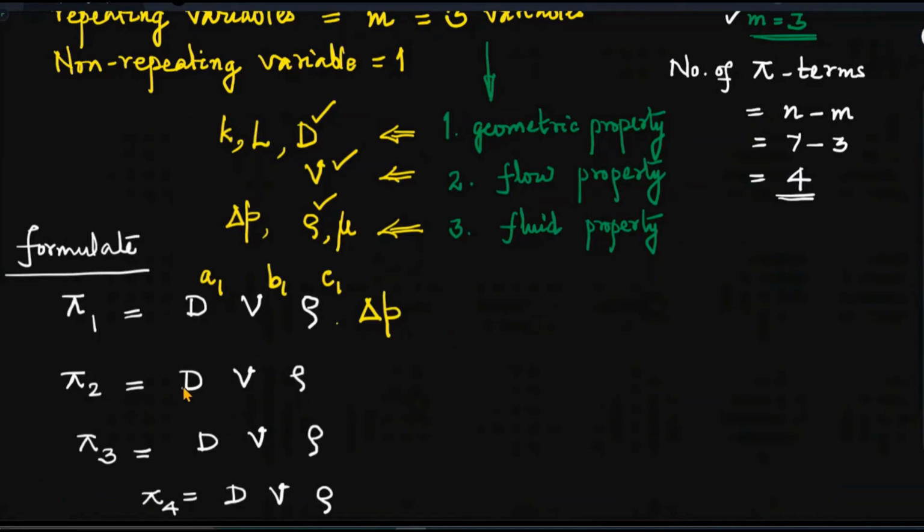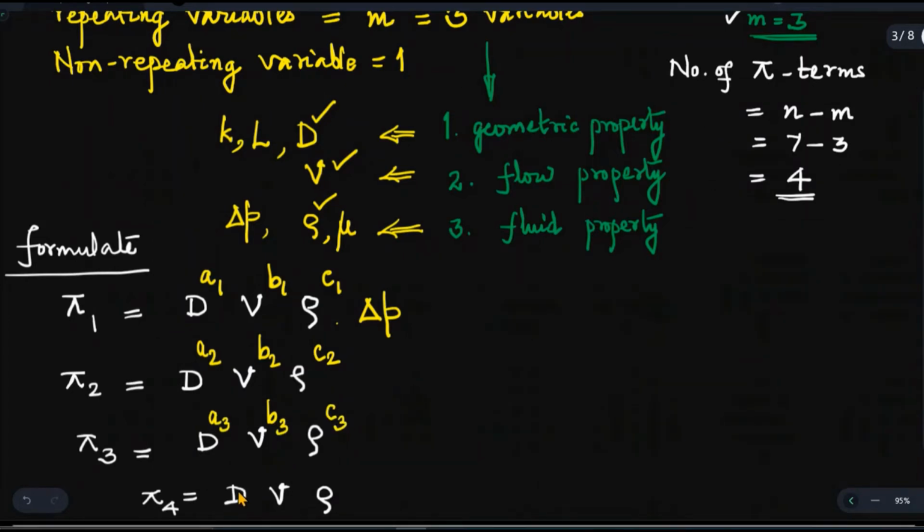term. Now d raised to a2, another set of indices, v raised to b2, rho raised to c2, and d raised to a3, v raised to b3, and rho raised to c3. And similarly in pi 4, the repeating variables raised to the indices a4, b4, and c4. And now the other non-repeating variables in the other pi terms, what are the remaining variables?